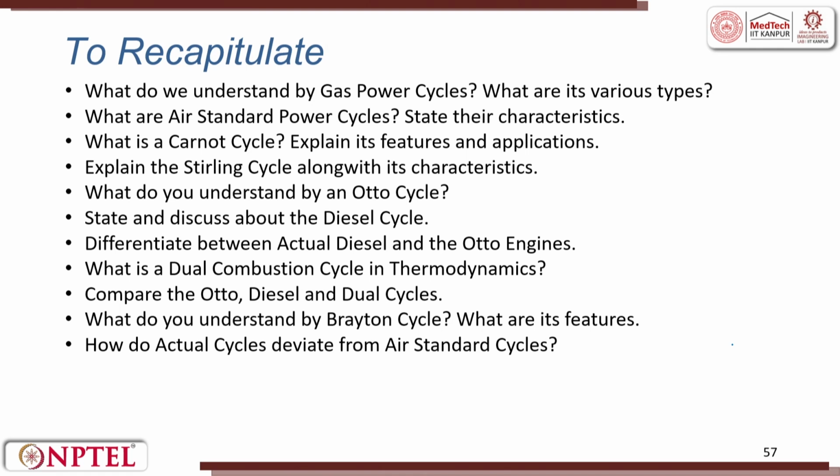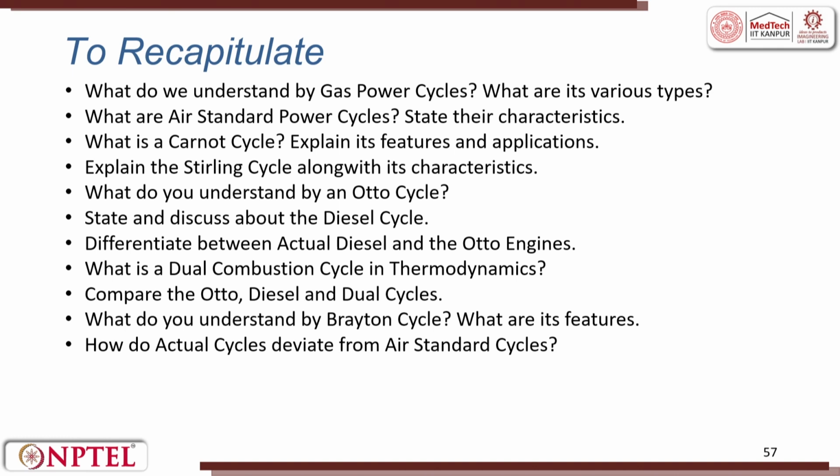So friends, in the two lectures, we saw what a gas power cycle is, what the different types are, what an air standard power cycle is, and what its characteristics are. Then what a Carnot cycle is, its features, the Stirling cycle, its features.